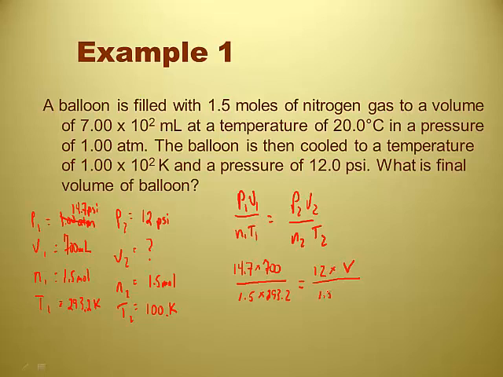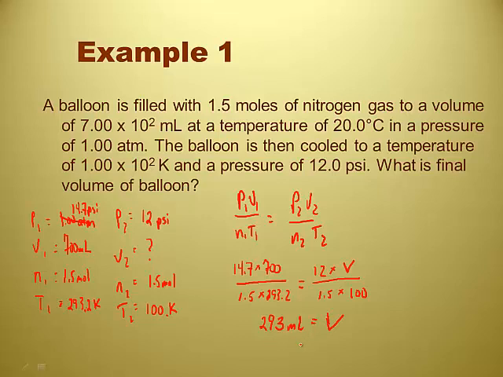N2 is 1.5, and T2 is 100 Kelvin. All right, Mrs. G, I got that done. I get 293 milliliters for the volume 2, for V2. Yep. So volume is 293 milliliters.